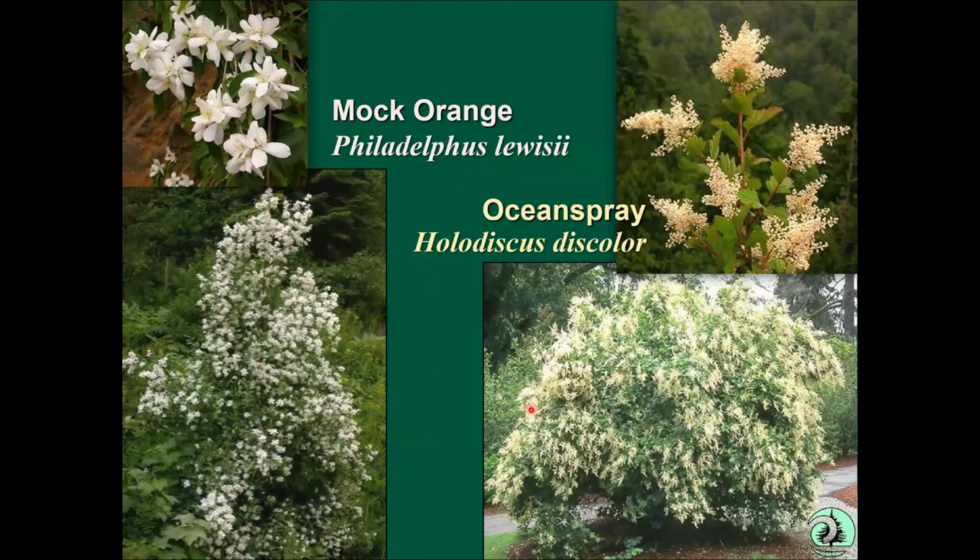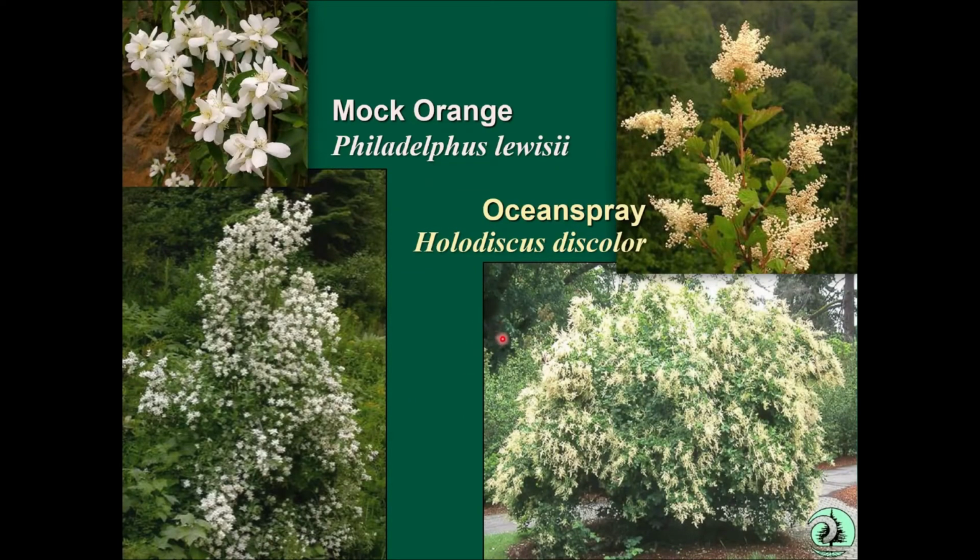The ocean spray is also called ironwood. The wood is really hard. Indigenous tribes have used the wood for tools, eating tools, digging tools, stuff like that. Really, really hard wood, a beautiful spray of flowers. When the ocean spray is out, it's only out for like a couple weeks, and then the flowers all turn brown and they persist on the shrub.